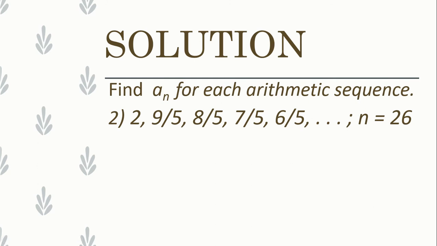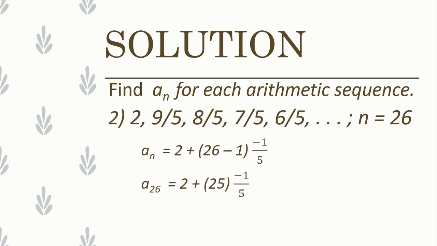Since we have already the value of the common difference, we can now solve for the nth term. By substitution into the formula, 26th term is equal to 2 plus the difference of 26 and 1 multiplied by negative 1/5. 26 minus 1 is equal to 25. There is a common factor between 25 and the denominator, which is 5.